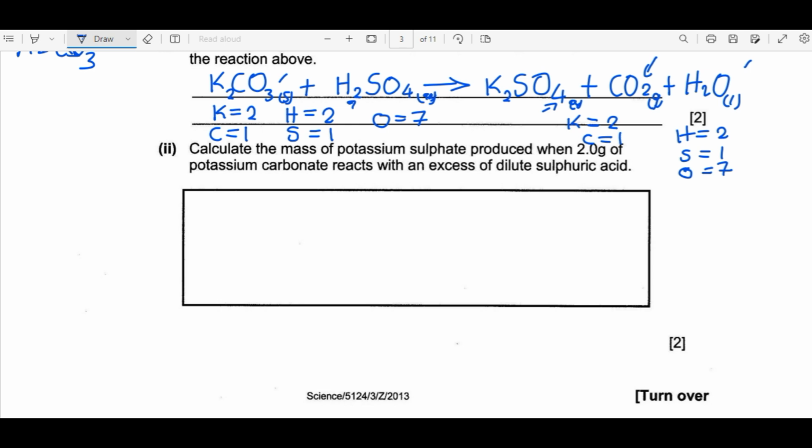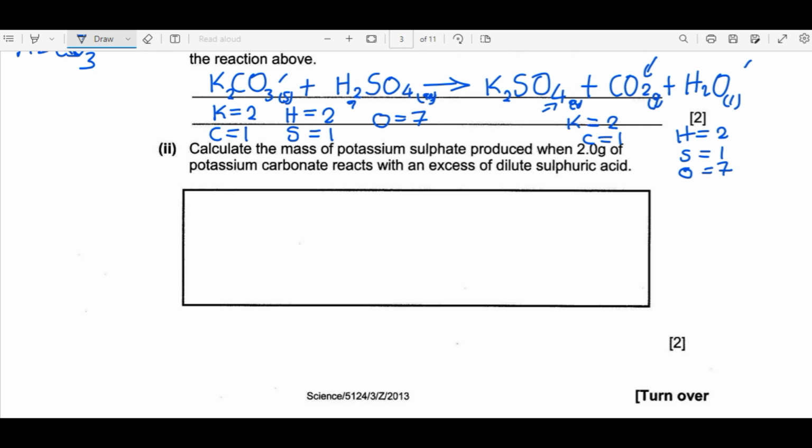Calculate the mass of potassium sulfate produced when 2.0 grams of potassium carbonate react with an excess of dilute sulfuric acid. So here we have been given the mass of one substance, and we want to use that mass to find the mass of potassium sulfate.